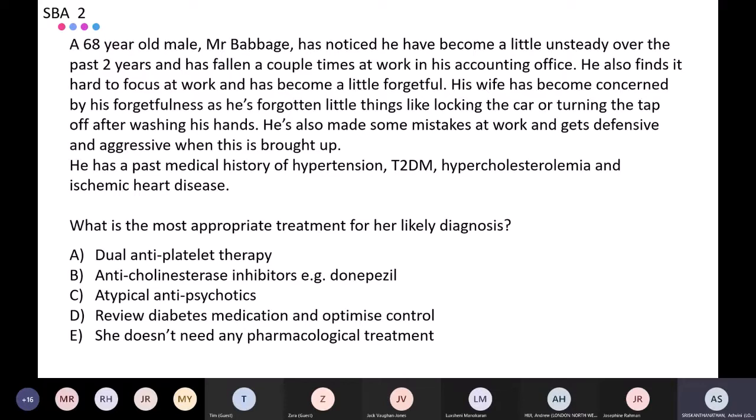His wife has become concerned about his forgetfulness as he's forgotten little things like locking the car or turning the tap off after washing his hands. He also made some mistakes at work and gets defensive and aggressive when this is brought up. He has a past medical history of hypertension, type 2 diabetes, hypercholesterolemia, and ischemic heart disease. So what is the most appropriate treatment for his likely diagnosis?